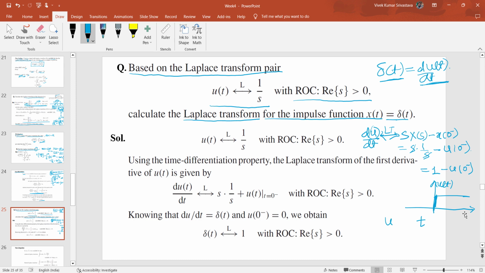So the value of u(0 minus) will be equal to 0. So that's why the Laplace transform of the delta function will be equal to 1. So by using this differentiation property, we evaluated the Laplace transform of the delta function, as the unit impulse function is given to us.